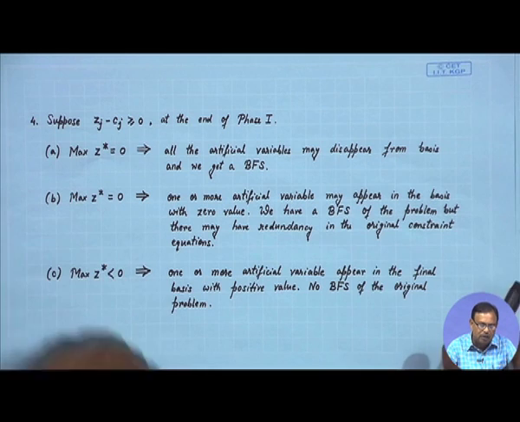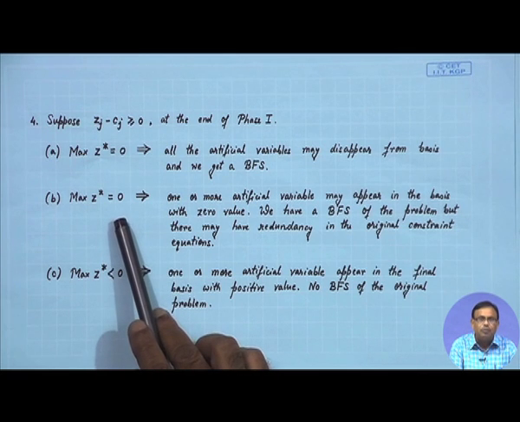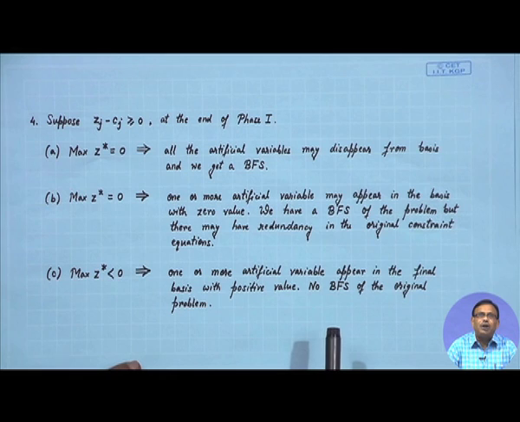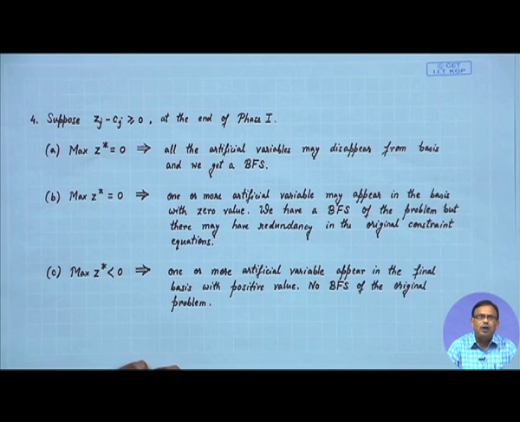And in that case, if all the artificial variables disappear from the basis, then we get a basic feasible solution. The next case may come on z star equals 0: one or more artificial variables may appear in the basis with 0 value. Because in the first case we said z star equals 0 means the values of all the artificial variables must be 0, then only z star will be 0.